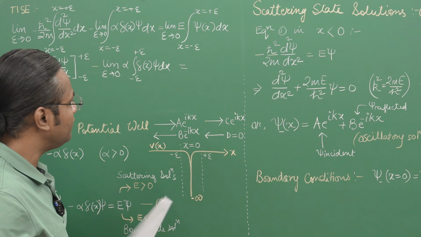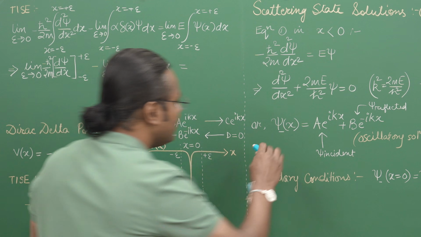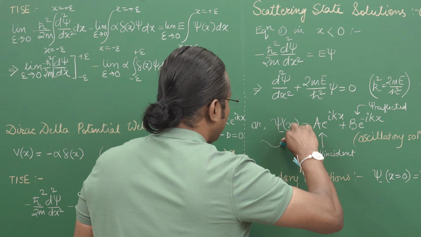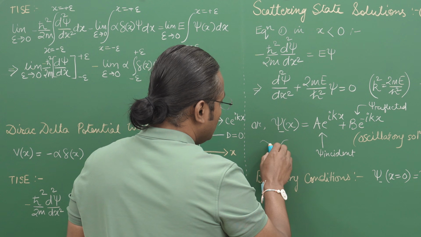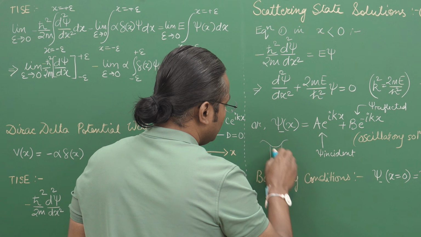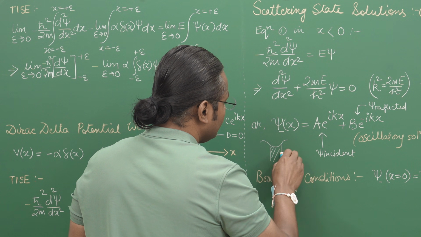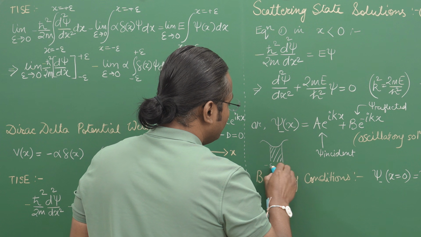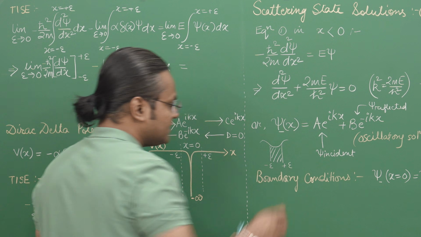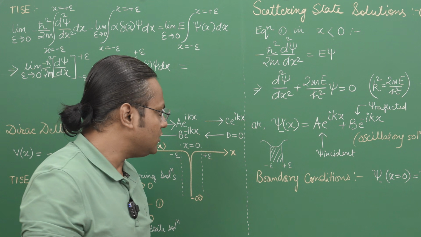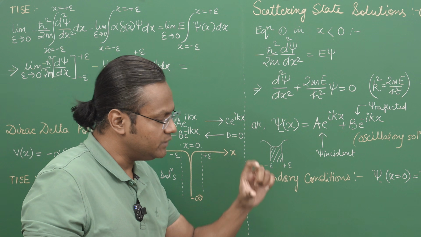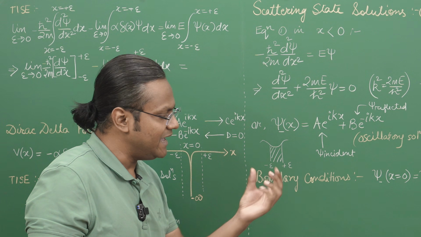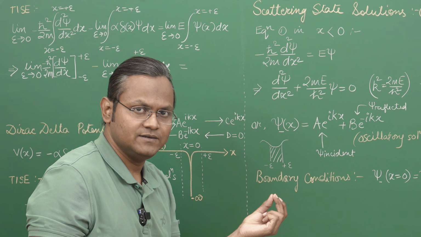So if you can think of some kind of a wave function at x is equal to 0 that has an oscillatory solution, and you look at the nature of the area under that particular curve such that the area has a breadth of minus epsilon to plus epsilon, then under the limit of epsilon tending to 0, we essentially get a rectangle with a finite length and a disappearing height, right?